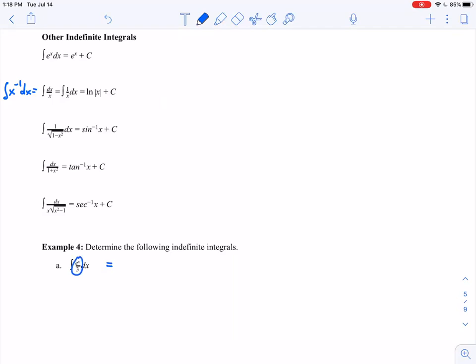e to the x divided by 3. If we divide by 3, that's the same as multiplying by 1/3. So 1/3 times e to the x dx. And then I know, hey, 1/3, that's just a constant multiple. So I can factor that out. 1/3 times the antiderivative of e to the x dx.